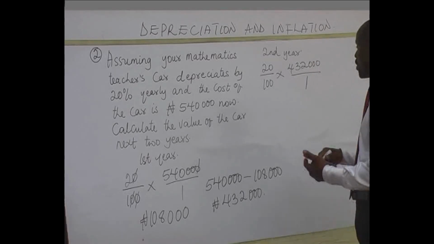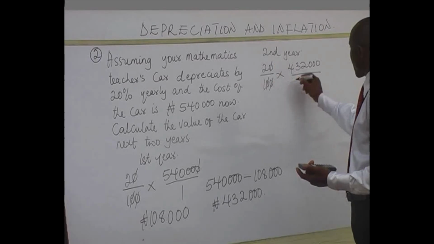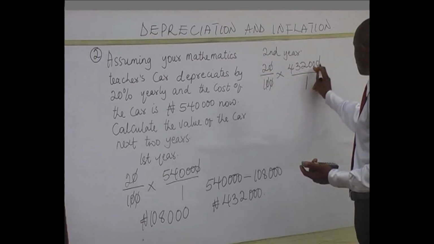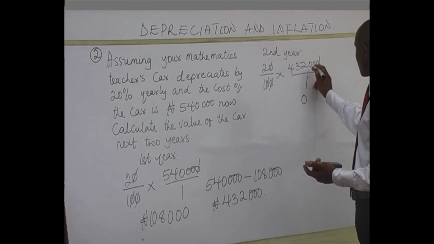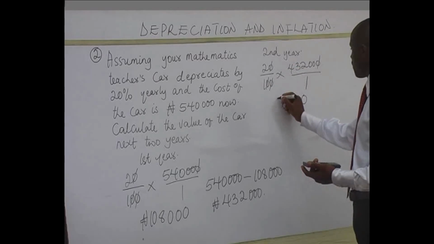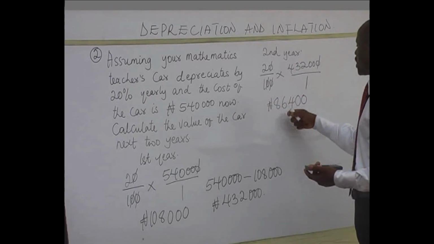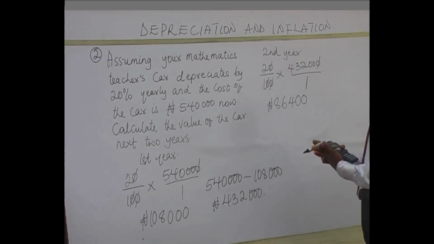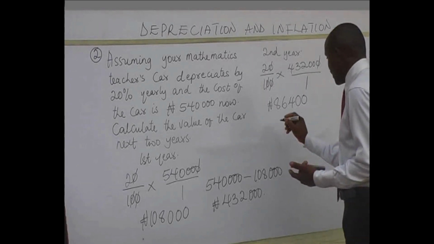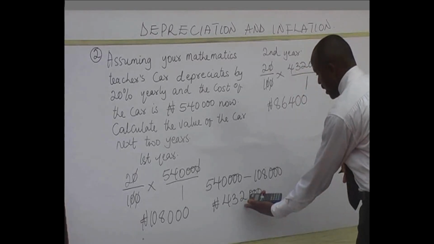It will give you the value of the car after 2 years. So you can cancel this. 2 times 0 is 0. Times 0 is 0. Times 2 is 4. Times 3 is 6. Times 4 is 8. So this is the depreciation in the second year. So subtract this from what the value was after the first year.